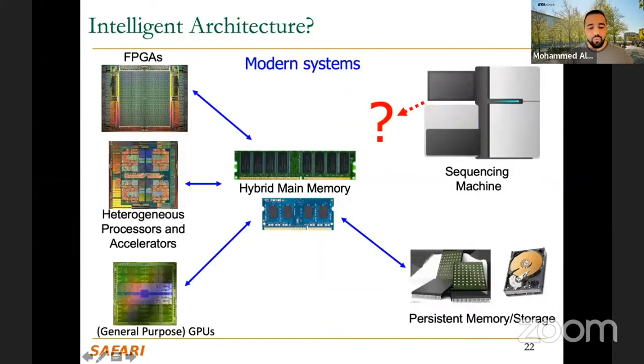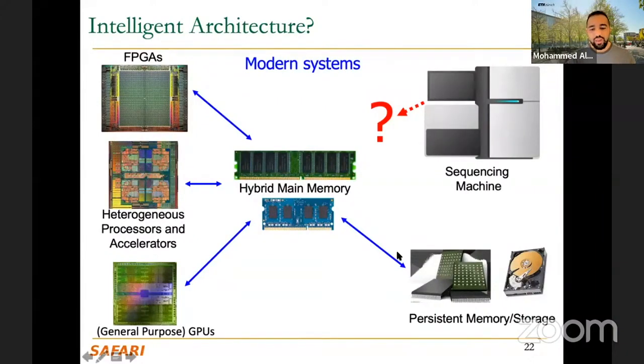Okay, so when we talk about hardware, what is the right hardware to use so that you can have a specialized analysis? This is what we call a sequencer, which provides you the reads or pieces of your DNA. Then whether you want to store it in storage or SSD, and then move it to the main memory, and then find specialized cores, FPGAs, or GPUs, or even heterogeneous processors where you have SIMD cores and so on.